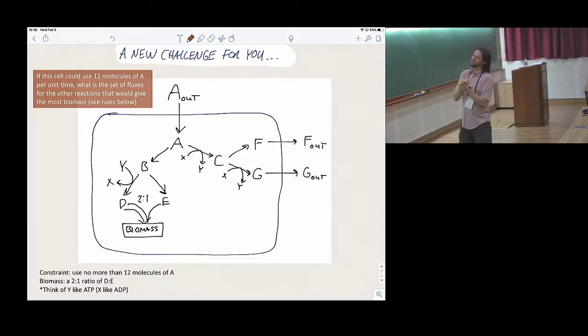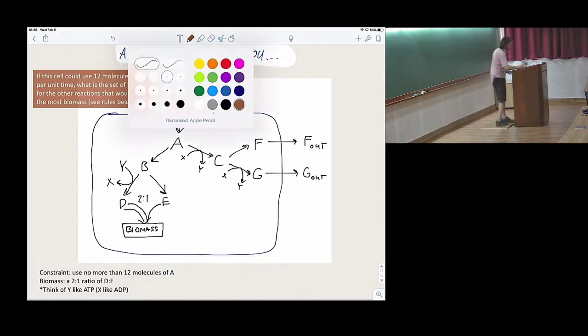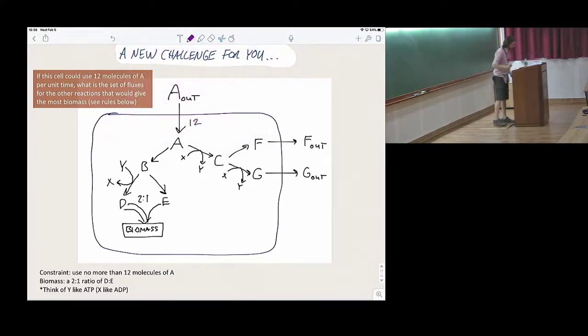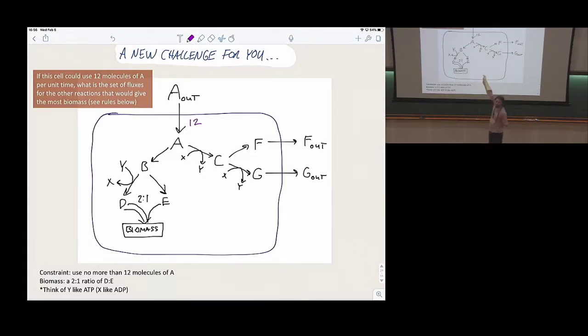Imagine the cell could use 12 molecules per time. You could use a smaller number if you want, but let's assign this first flux to 12. What should be the pattern of fluxes that would give you the most possible cell material? I want as much of those 12 as possible to end up down in this bucket.